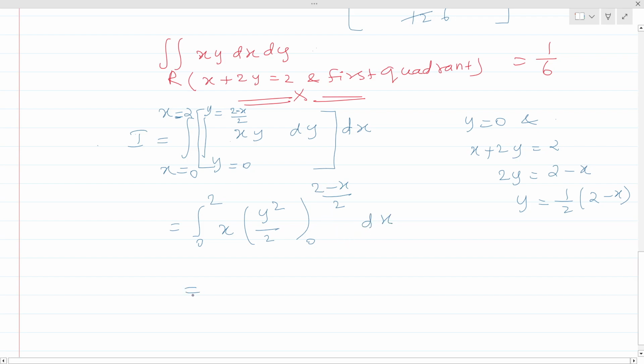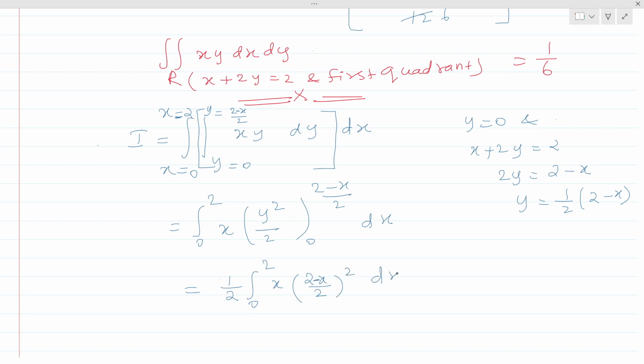That is equal to the integral from 0 to 2; we can take the 1 by 2 outside: 1 by 2 integral from 0 to 2 of x times ((2 minus x) by 2) whole square dx.